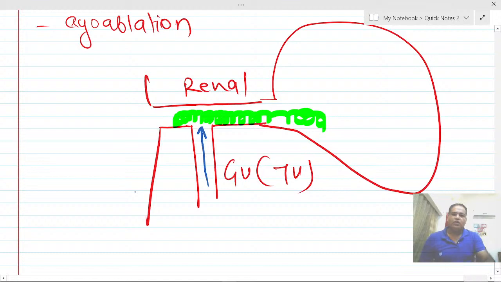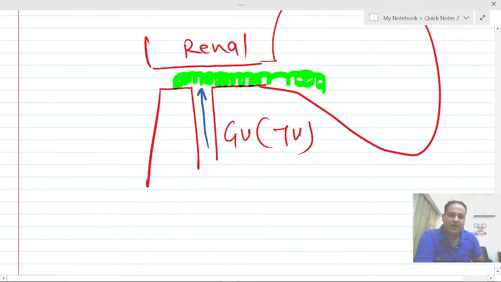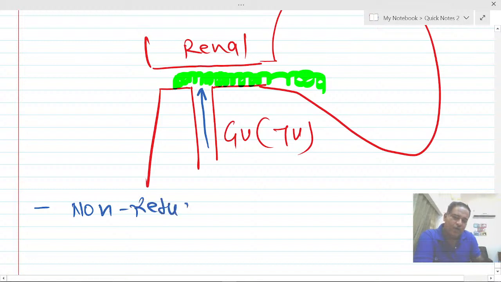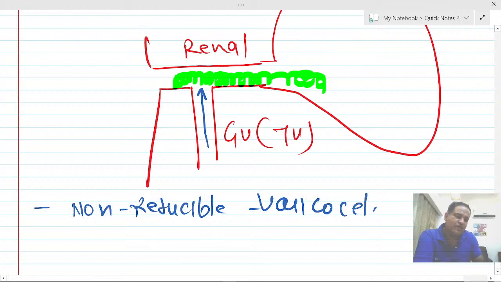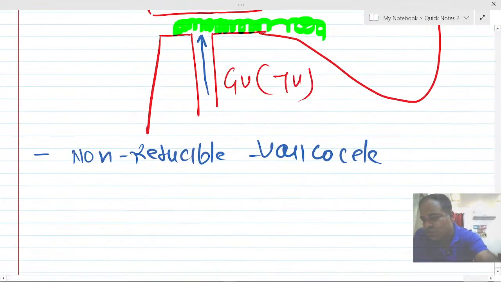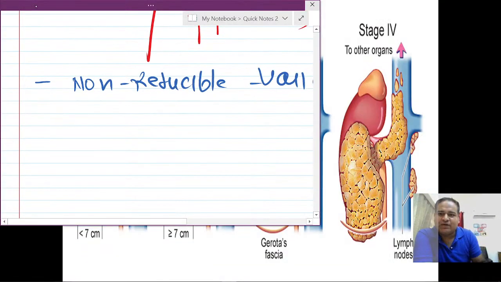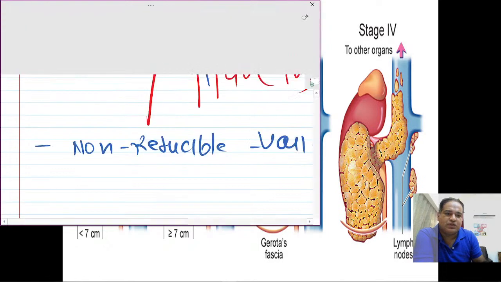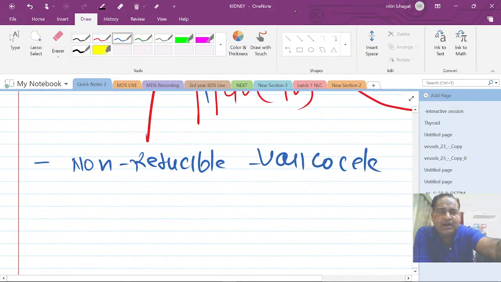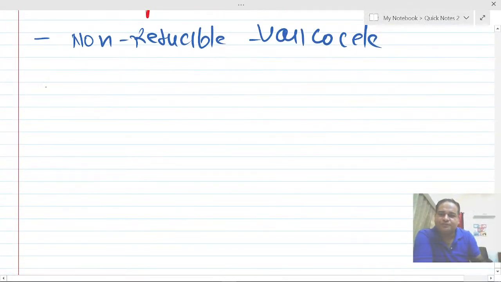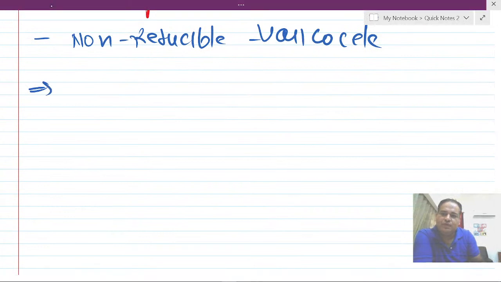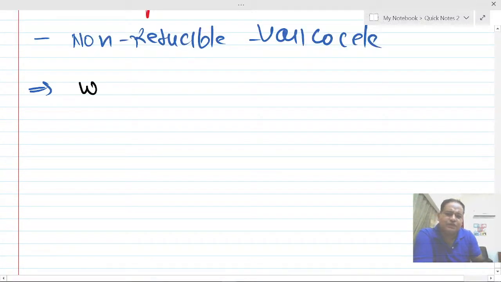Now suddenly your patient would sleep comfortably and next day will wake up with a non-reducible left side varicocele. This could be one characteristic and dramatic presentation, right? Now, this is also not a contraindication for surgery.